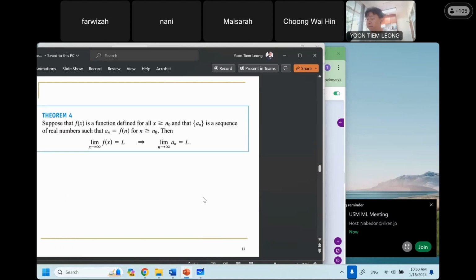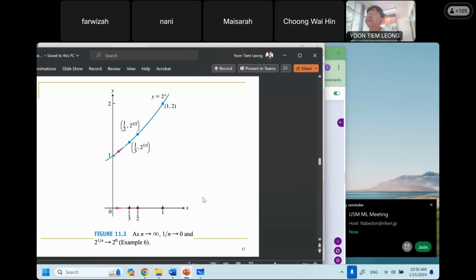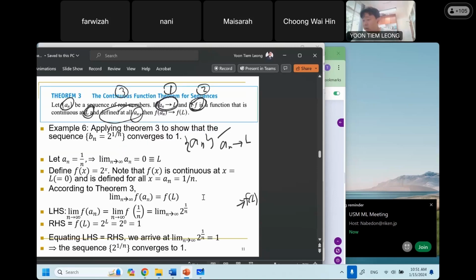Theorem 4 is another simple tool that allows you to answer questions about the limit of a given sequence. Theorem 4 is not complicated. It's actually much easier to use than theorem 3. In theorem 3, you have to invent your own function f(x), then evaluate f(x) at each term in the sequence.